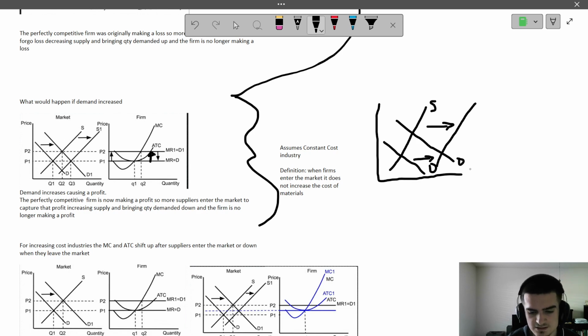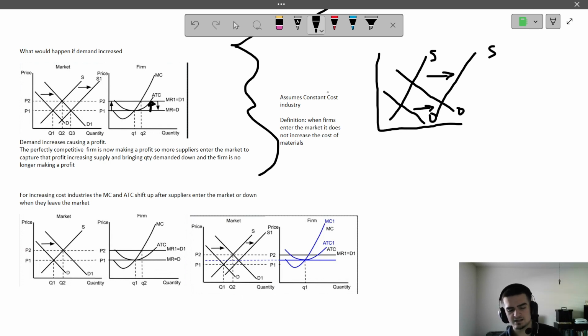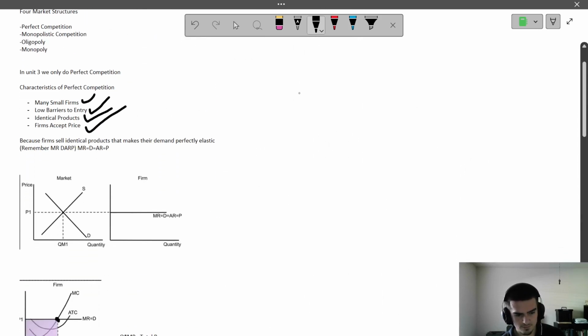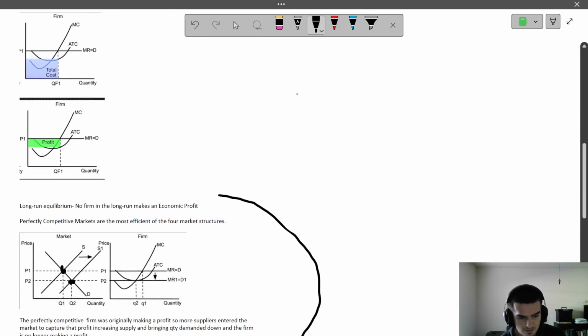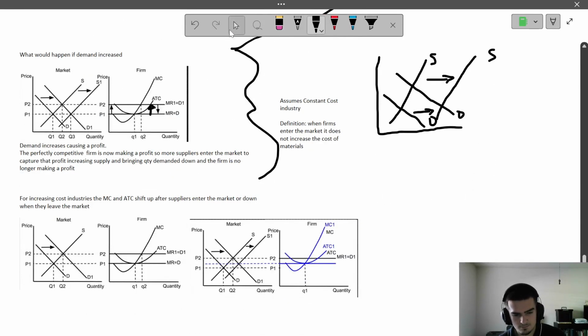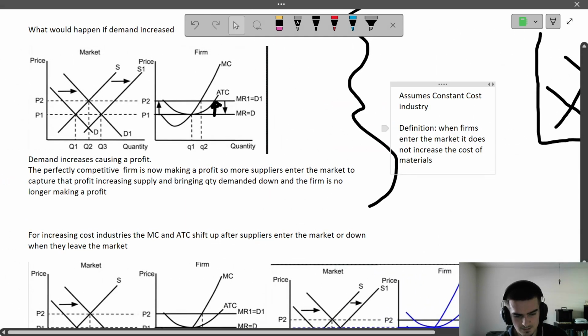And now the firm is no longer making a profit. So then it moves back down. So that's how we look at the firms in the long run. Yeah, long run equilibrium. This is how we look at perfectly competitive markets.